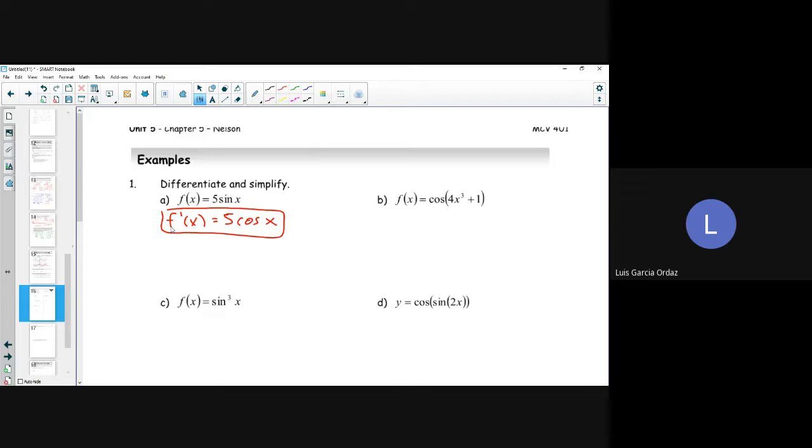Yep, thank you, Priyanshu. So my derivative is going to be negative sine of 4x cubed plus 1 multiplied by the derivative of 4x cubed plus 1, which is just 12x squared, which gives me negative 12x squared times sine of 4x cubed plus 1.